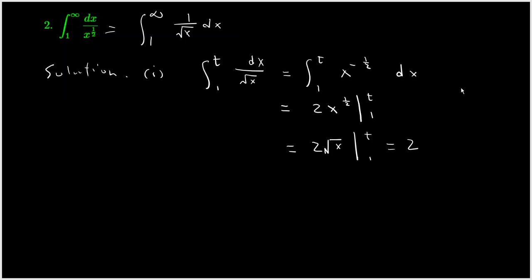So the function of t is 2 square root of t. You have 2 square root of t, and then square root of 1 is 1, so you just minus 2. So we are done with the first step. We evaluated that integral, and you should have a function of t.